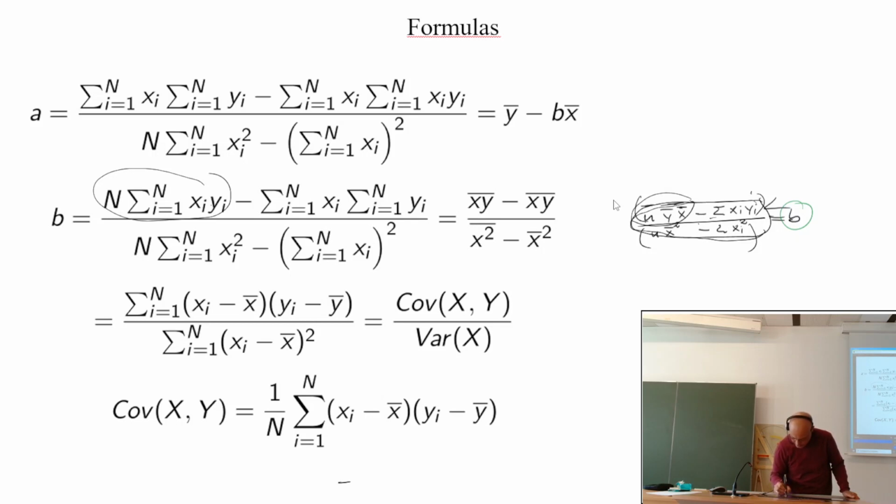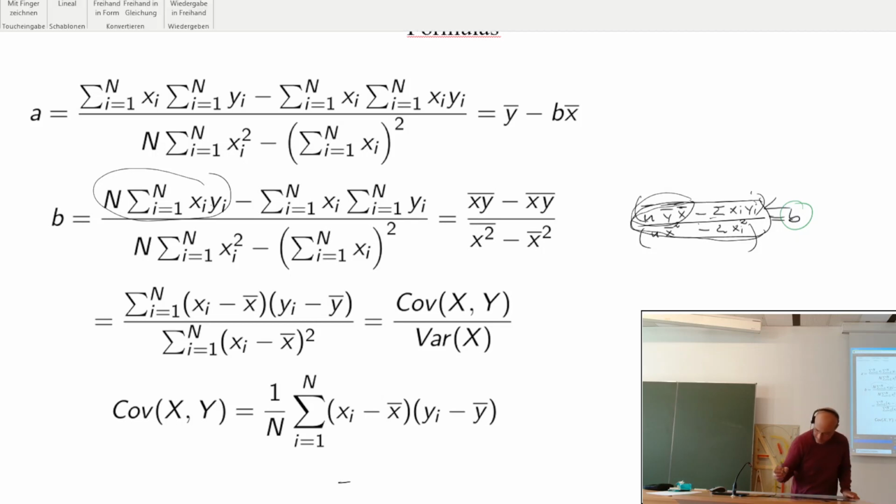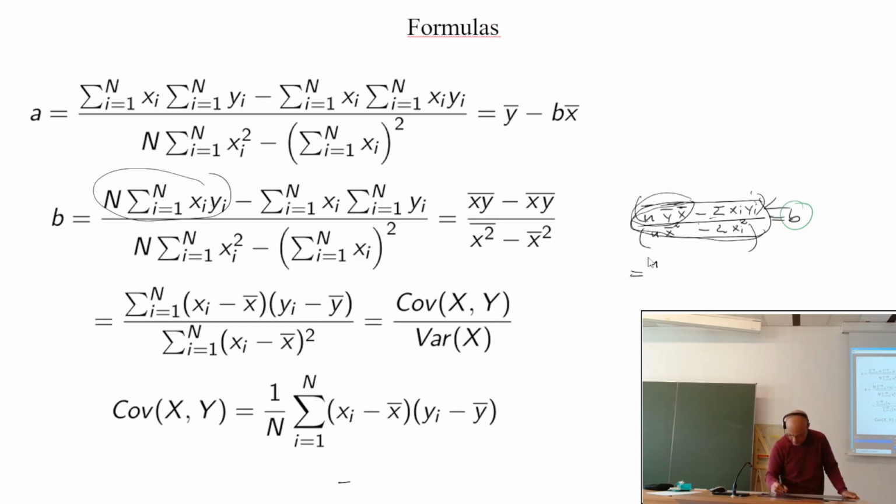So in order to be correct, this can be written as n times x bar y bar minus 1 over n sum x_i y_i, over n times x bar squared minus 1 over n sum x_i squared.